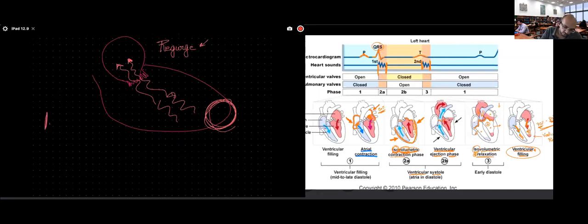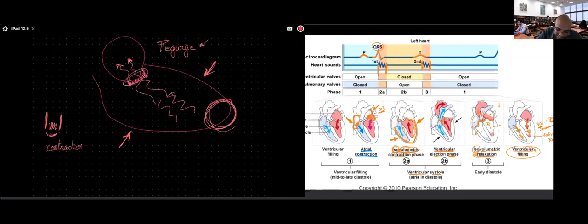How about this here? I hear lub, sh, dub at the apex. So most likely it's going to be a mitral problem. Lub, sh, dub means this is taking place during ventricular contraction. Would the blood pass through the mitral valve if it's leaking during ventricular contraction? When I contract, I squeeze the blood.